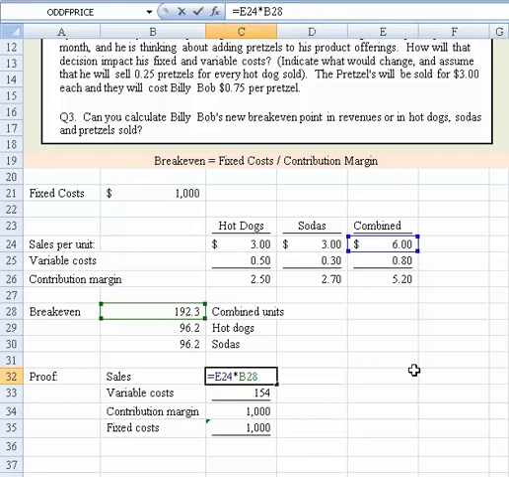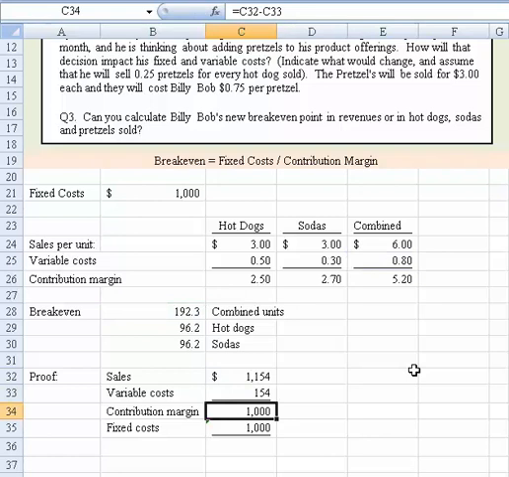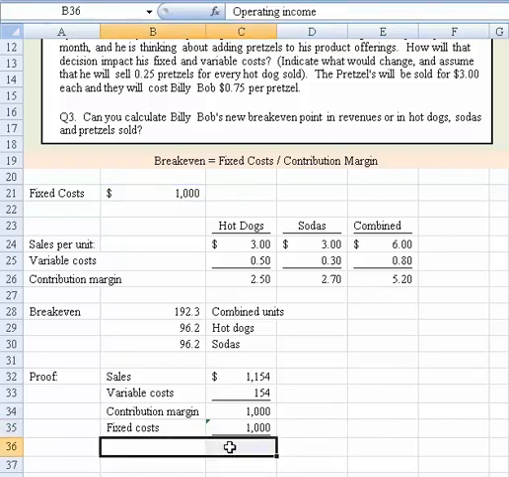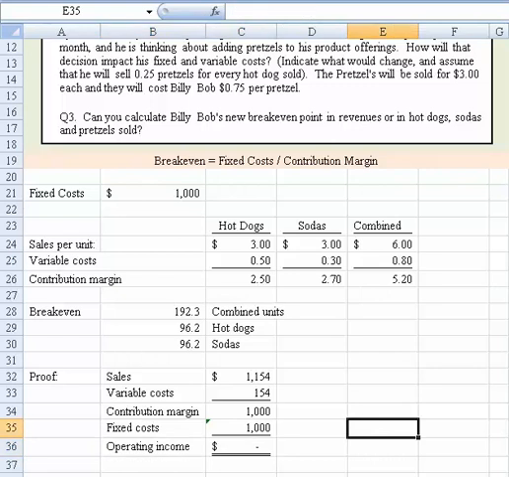In this case, the combined per unit price is $6, right? $3 for a hot dog, $3 for a soda. The variable cost, 80 cents times the combined units, leaves us a contribution margin of $1,000. We subtract off the fixed cost, which we pulled from up there where we originally listed it, and we come up with operating income equal to 0. So we've answered part 1.